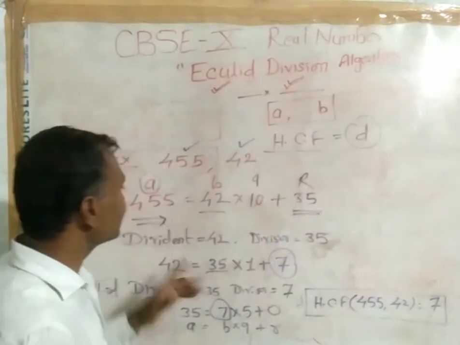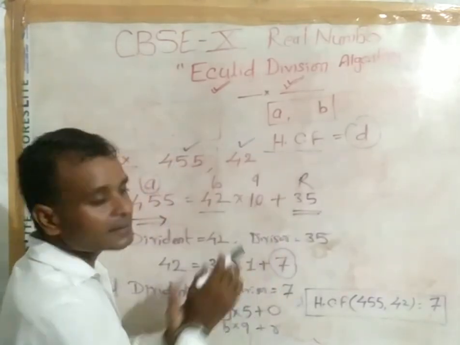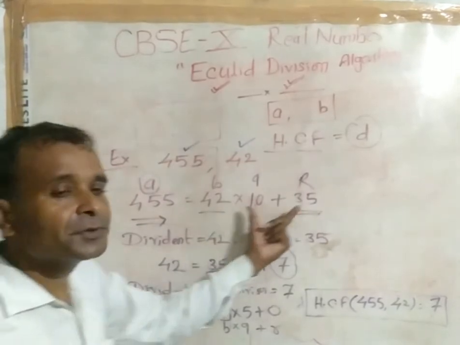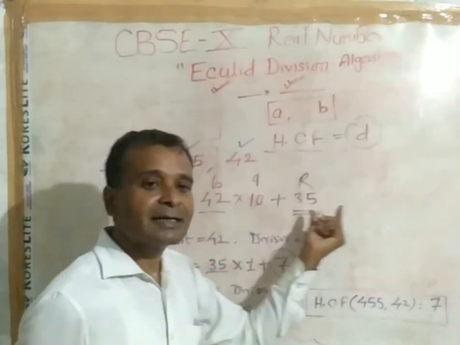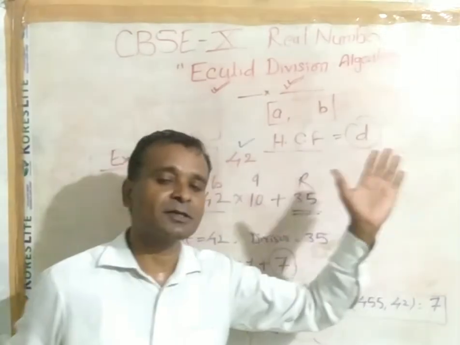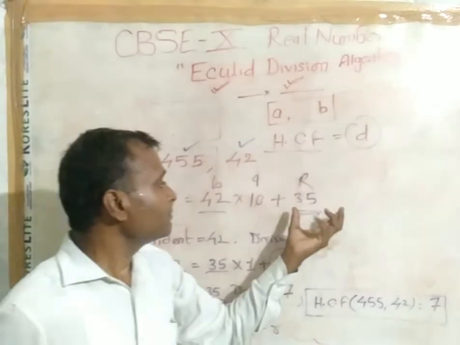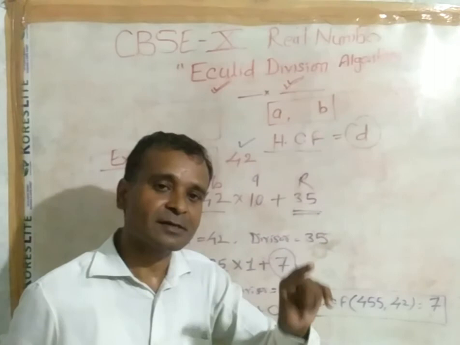So we can write it as 455 equal to 42 into 10 plus 35, according to Euclid division lemma. But we have remainder 35, so we repeat this process until we get 0 as the remainder.